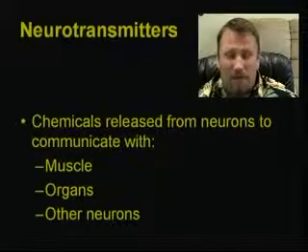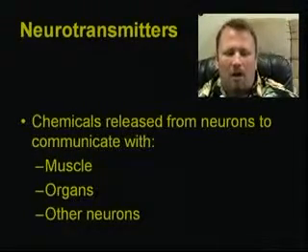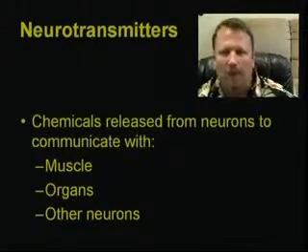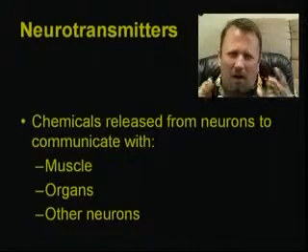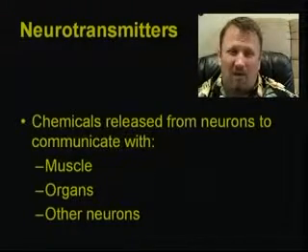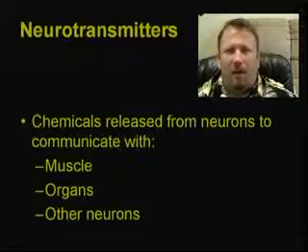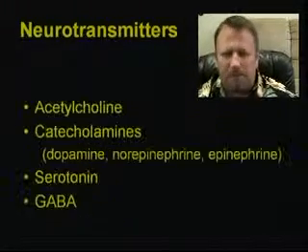Neurons communicate with muscle. That's how your muscles move. Neurons signal them. Neurotransmitters can come from the neuron and signal organs, like heart rate going up, heart rate going down. That's due to neurons that secrete neurotransmitters on the heart's conduction system. And then, of course, neurons can communicate with neurons, and billions of them do.